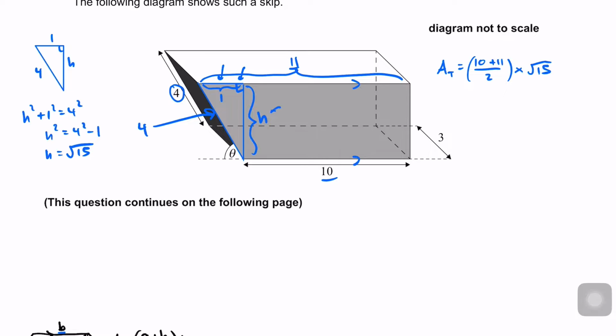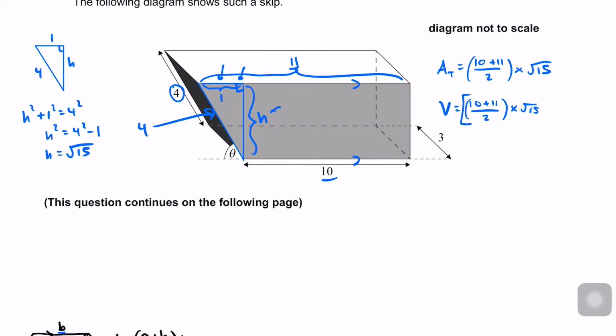Okay, and if we multiply by the extension, then we can find the volume. So volume is the area of the face, the uniform cross-section, multiplied by the extension. So volume is equal to area of the face times extension. In this case it's 3, so let's write that all out in one big equation. (10 + 11) over 2 times root 15.